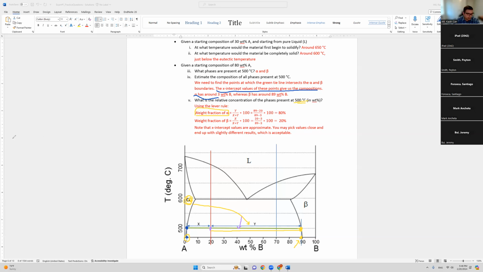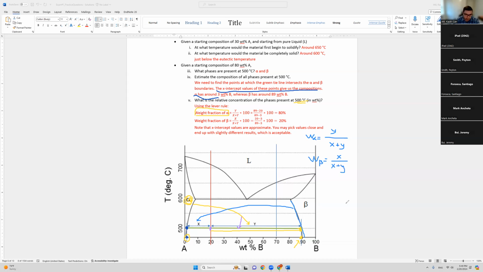So I take that in the numerator. Weight% alpha is equal to Y divided by the total length of the tie line, which is X plus Y. Similarly, if you want to calculate the weight% of the beta phase, in the numerator, I take the section of the tie line which is away from this beta solvus boundary, which is X, right? X divided by the total length of the tie line, which is X plus Y.